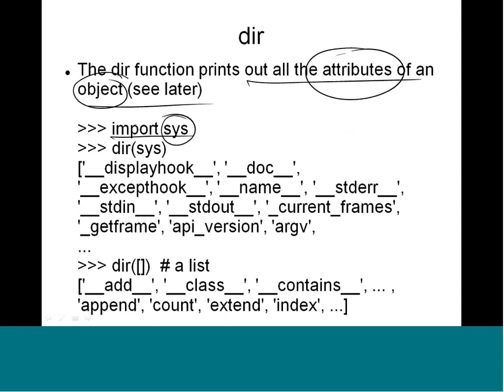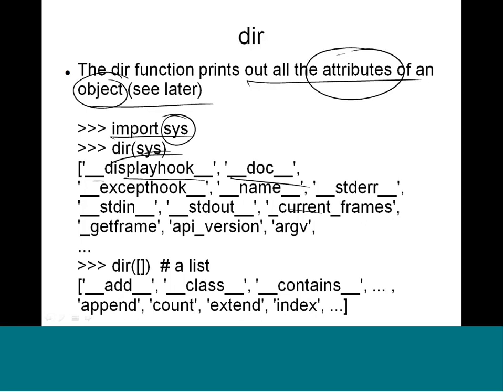This is the import function that we studied in the last lecture. And then when we say dir(sys), it prints out all the various attributes for sys, for example __displayhook__, __doc__, __excepthook__, __name__, stderr, all those different items are displayed.